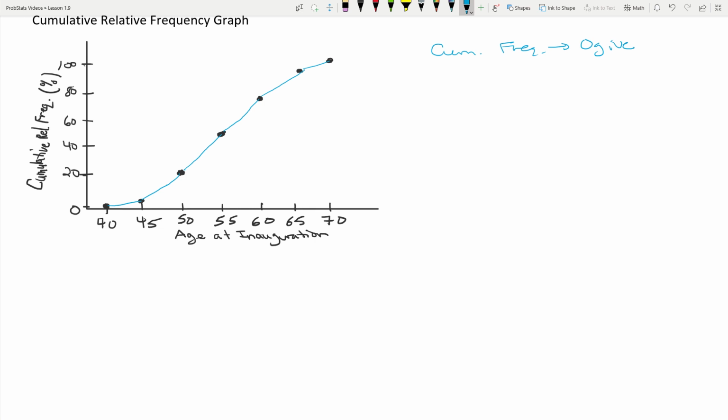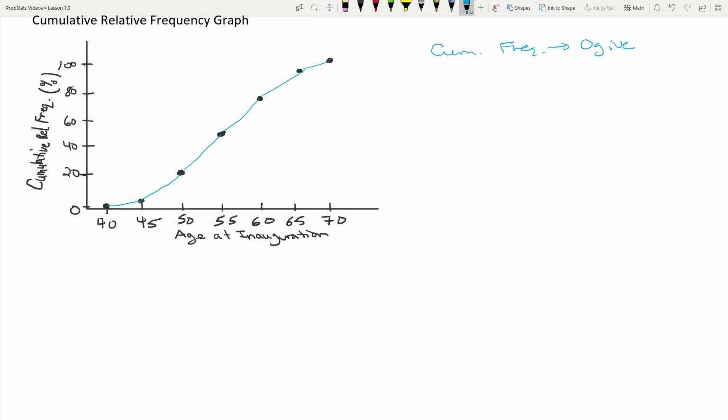But if we're doing cumulative relative frequency, it may be called an ogive, but it may just be a cumulative relative frequency graph. So regular cumulative frequency is an ogive, and if you're doing a cumulative relative frequency graph, I believe we just call it that, but you may call it an ogive.